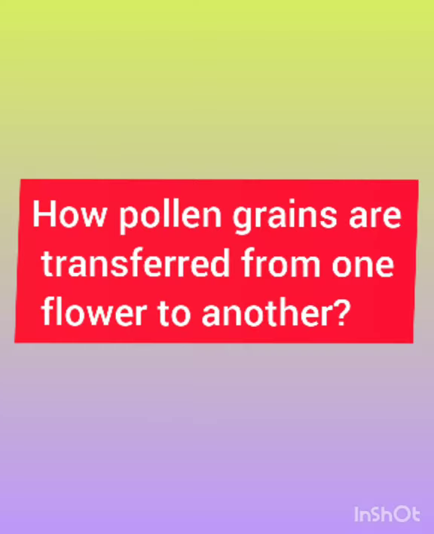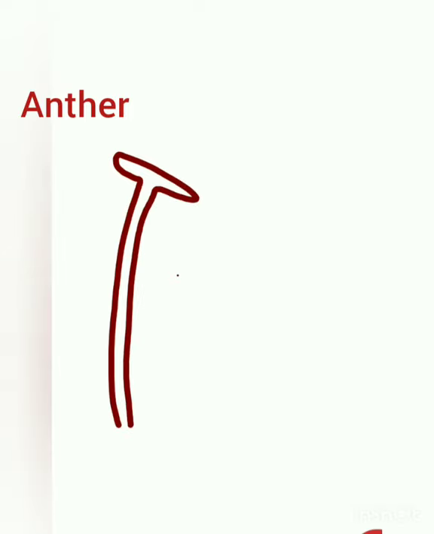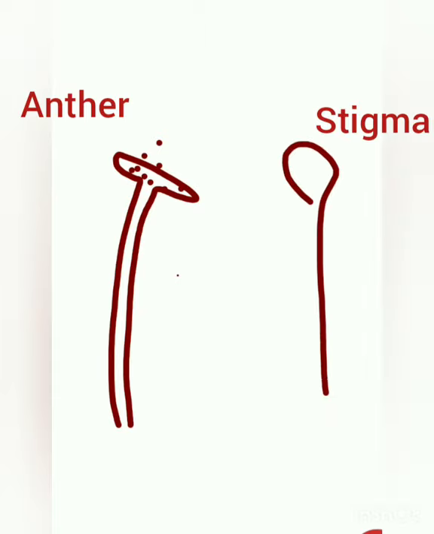Children, you might be thinking how pollen grains are transferred from one flower to another. Anther contain pollen grains. These pollen grains are easily dispersed to the stigma of another flower.